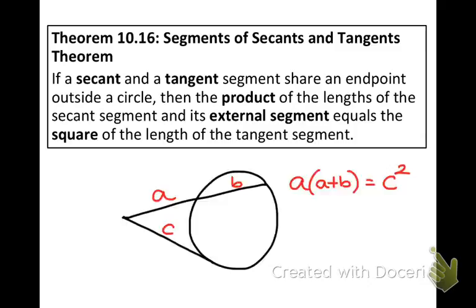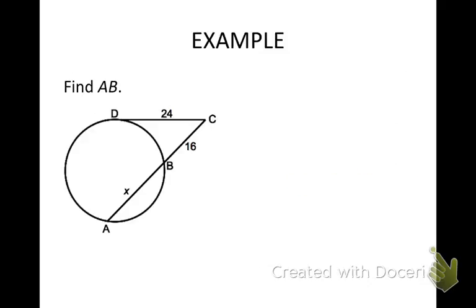Alright, so let's do the last examples here. So here I have, let's do the secant first. What's the external of my secant? 16 times the whole, which is going to be 16 plus x, is equal to the tangent, which is going to be 24 squared.